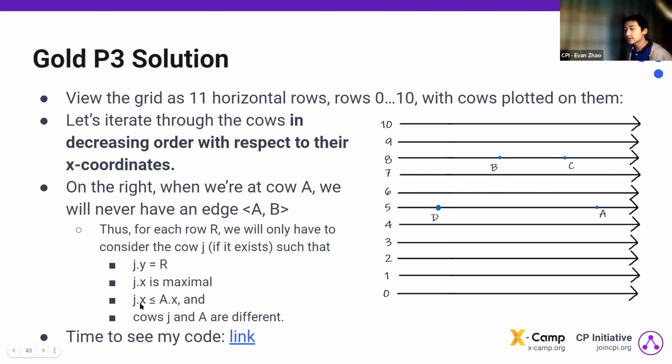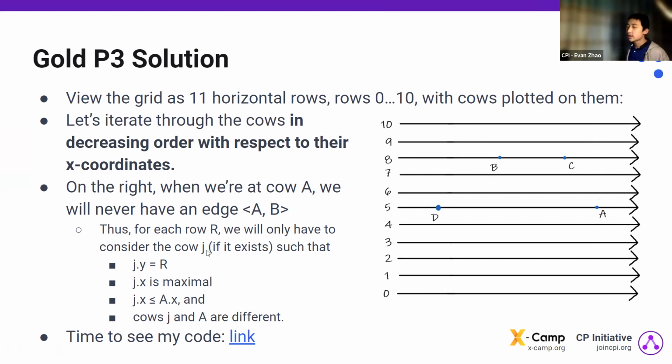We want to make sure that J.x is smaller than or equal to A.x. So for example, if this is J, we want to make sure it is on the left side or has the same x coordinate as A, and cows J and A are different.